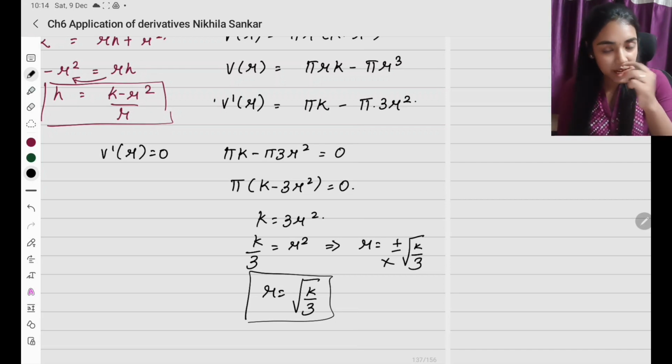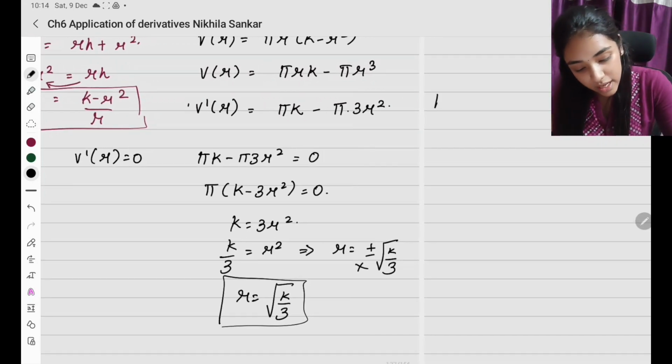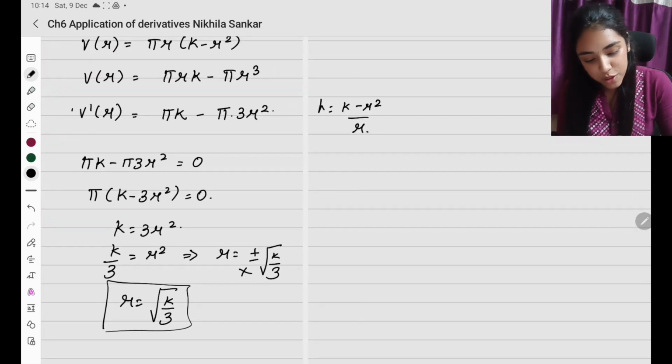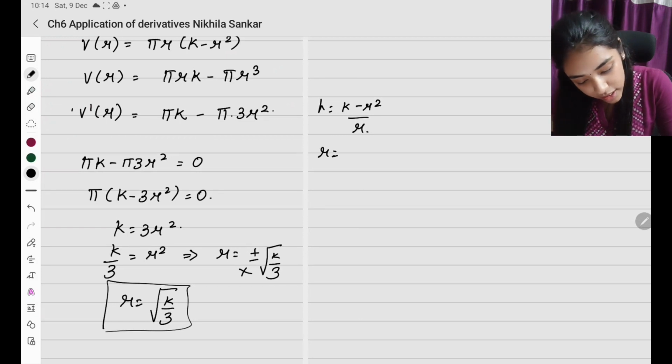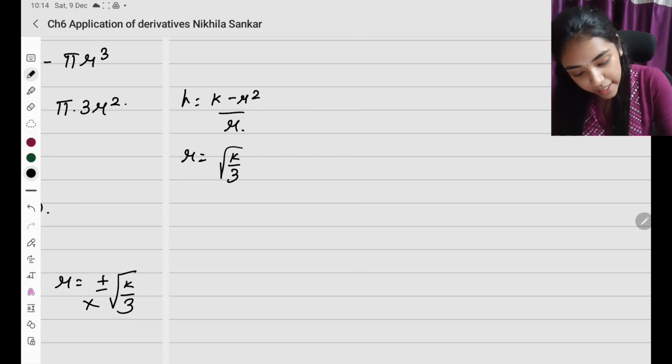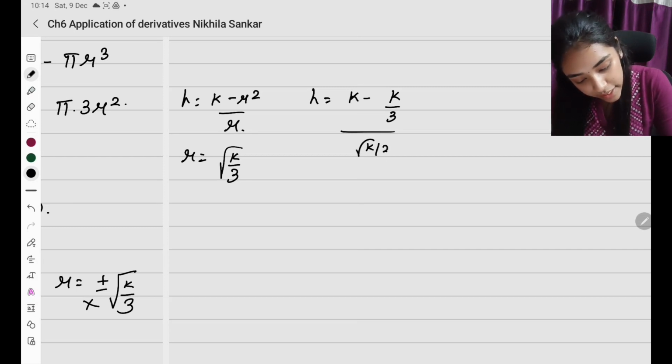Now what is the relation between radius and height? I have height equals k minus r square divided by r from here. Substituting r equals root of k divided by 3, I have h equals k minus k divided by 3, the whole divided by root of k divided by 3.